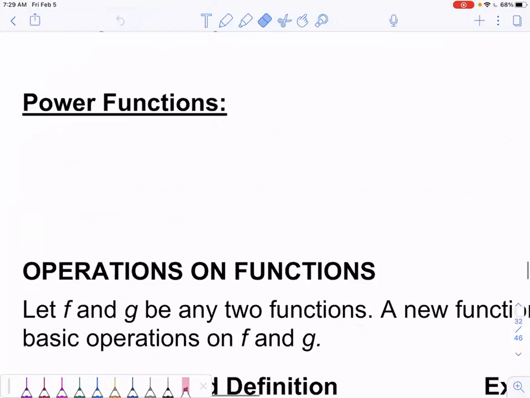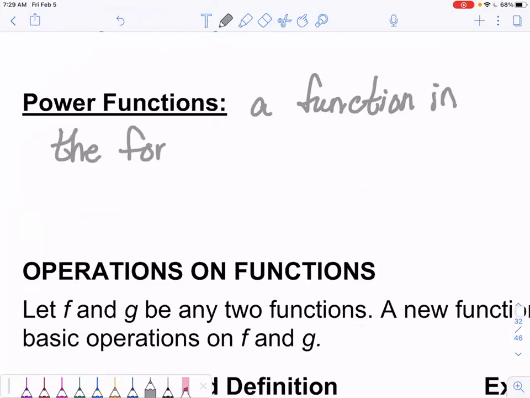So a power function is a function in the form y equals a b to the x. So remember, a function, we said yesterday and the day before, it has to pass the vertical line test, but each x has one y.